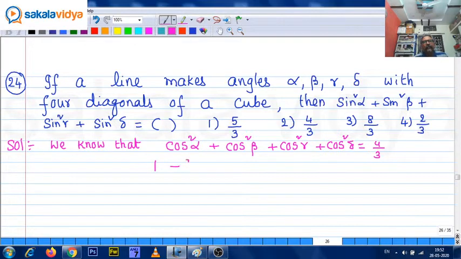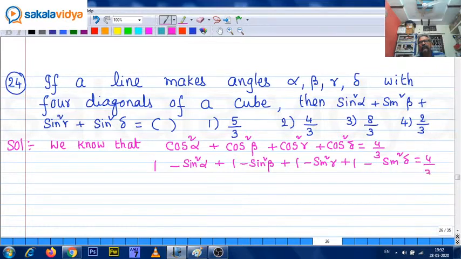This we can write as 1 minus sin square alpha plus 1 minus sin square beta plus 1 minus sin square gamma plus 1 minus sin square delta equals to 4 by 3. So we need to simplify now.